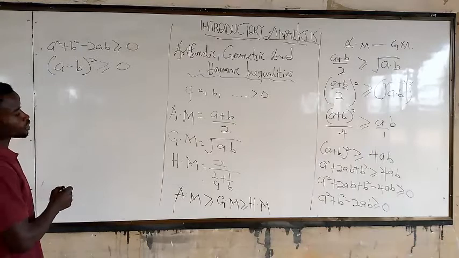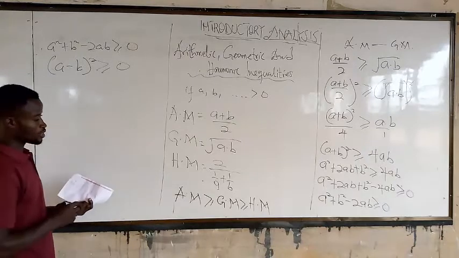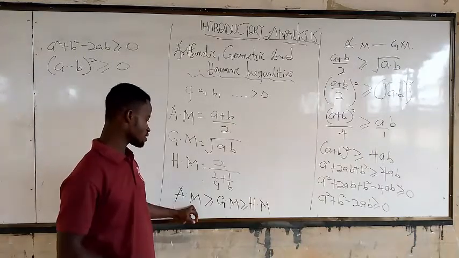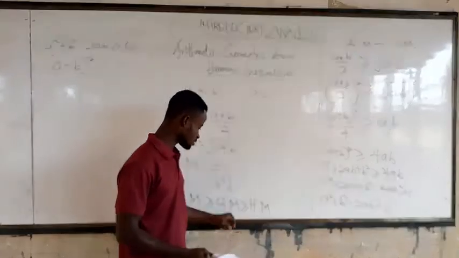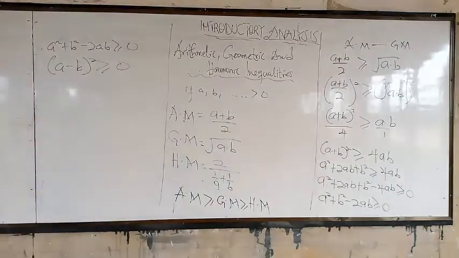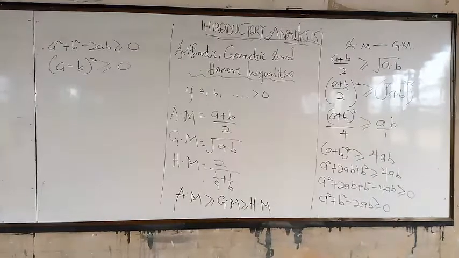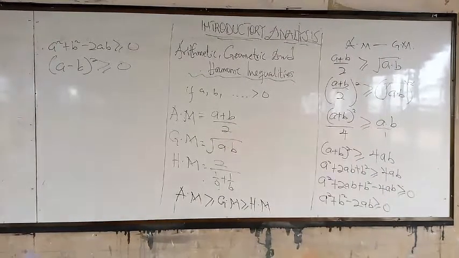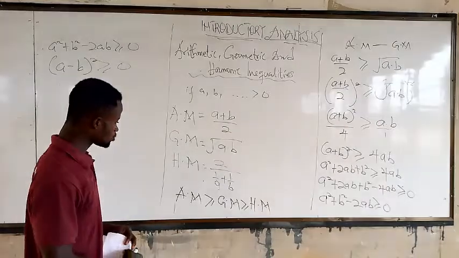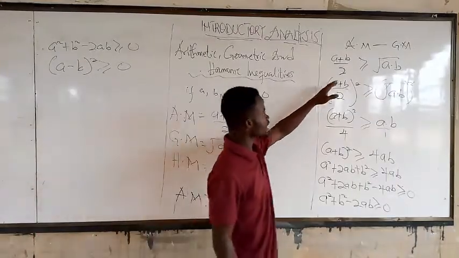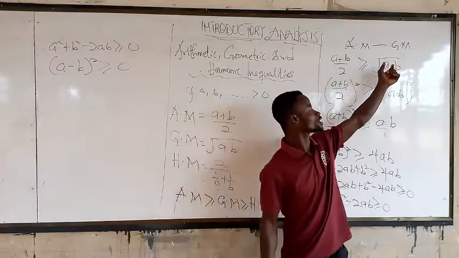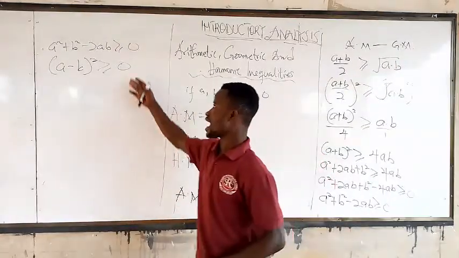So for the geometric mean, we first consider this and that. Alright, please let's continue. So we consider the arithmetic mean and the geometric mean, and we arrive at this.